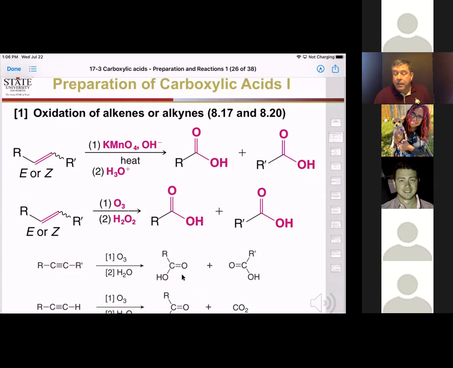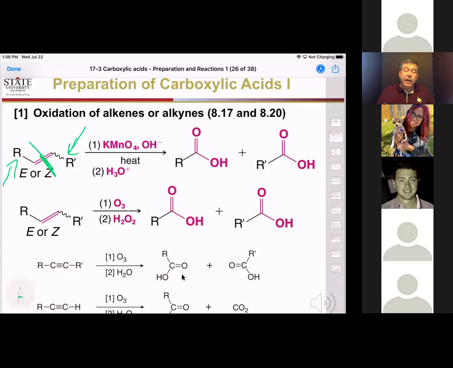Notice that the permanganate just attacks the double bond, and where that double bond was is where your carbonyl carbon is going to be on either side. So you'll get 1 carboxylic acid for whatever the R group was here, and a different carboxylic acid for whatever is over here. So if it's a symmetrical molecule, you'll only get 1, but most of the time it's unsymmetrical and you get 2.